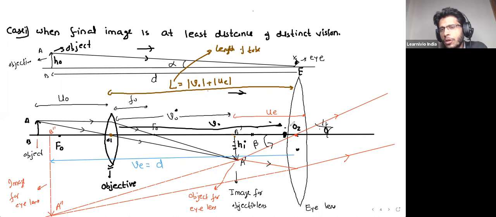That's why I'm saying if your image is very close to the eye lens, then V naught is approximately equal to L. Yes, Jimena, did you get it now? The length of the tube is L, which is V naught plus UE.